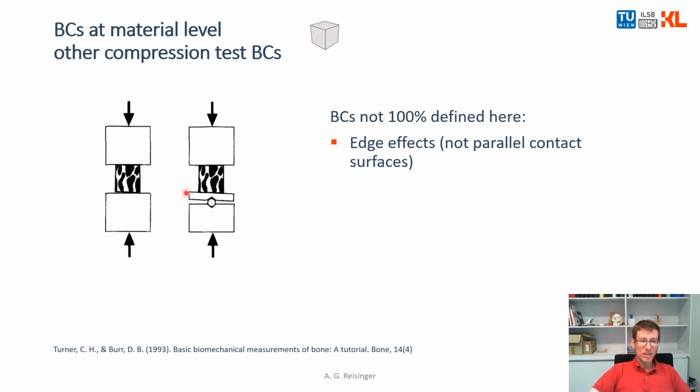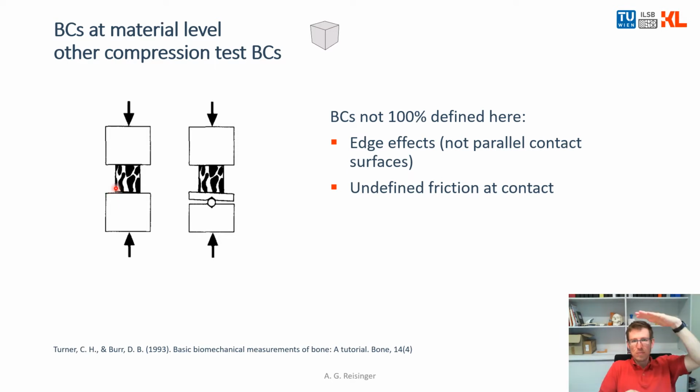You have a ball here and an additional plate that can adapt to the surface of your sample. But even if you do that, you have an undefined friction at the 2 contact surfaces. As explained before, when you press on the sample, the sample would like to expand, also at the top and at the bottom surface. But it can do that only partly because it's pressed on the metal plates.